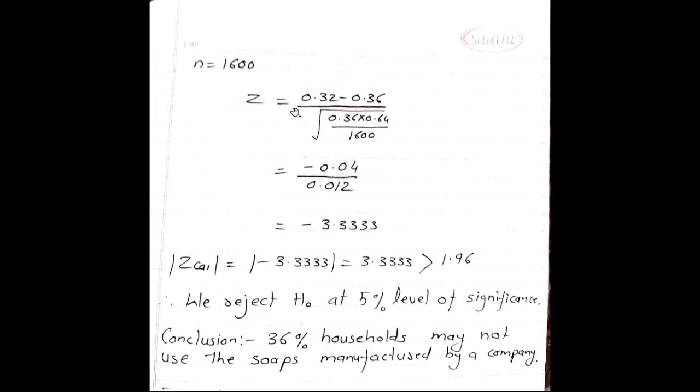So Z can be calculated as 0.32 minus 0.36 divided by square root of 0.36 into 0.64 divided by 1600, which is equal to minus 0.04 divided by 0.012. The answer is minus 3.3333.